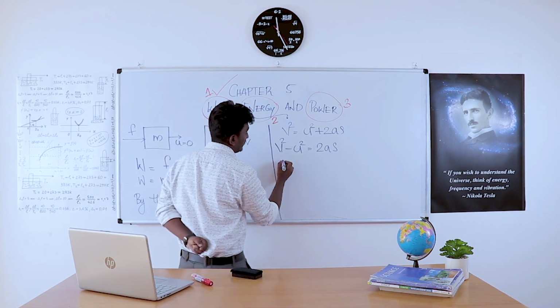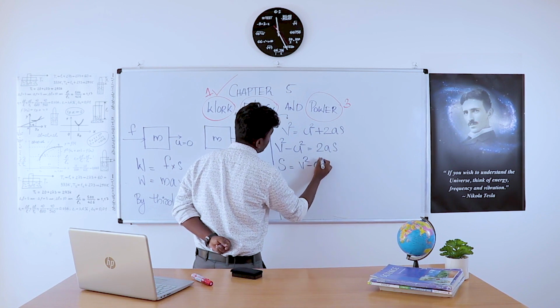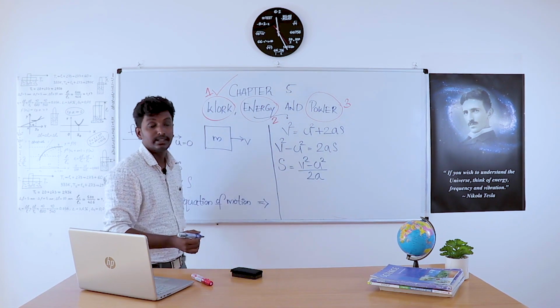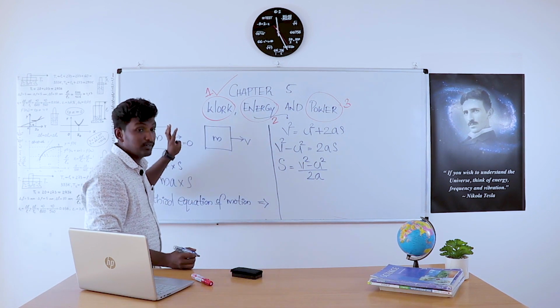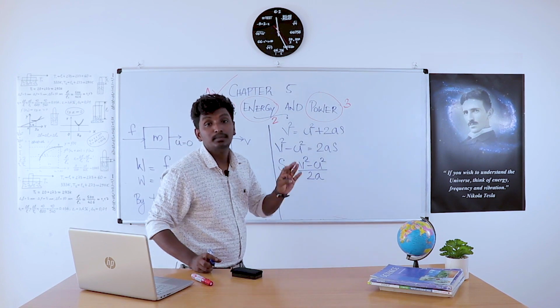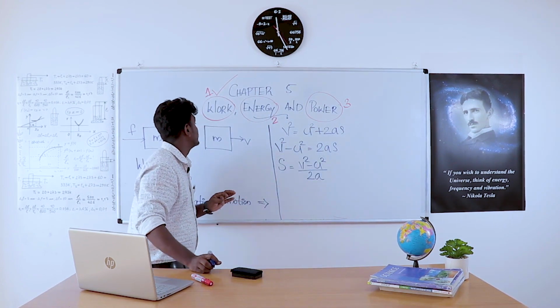From this, s is equal to v square minus u square by 2a. Here the object is initially at rest, which means the initial velocity u is 0.